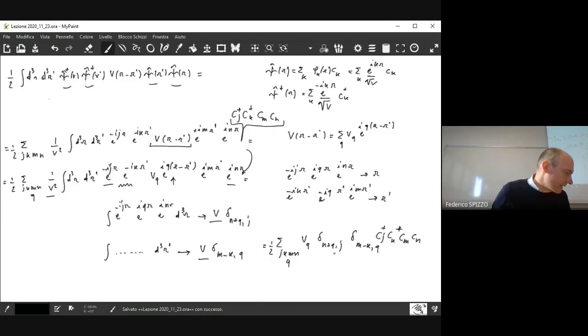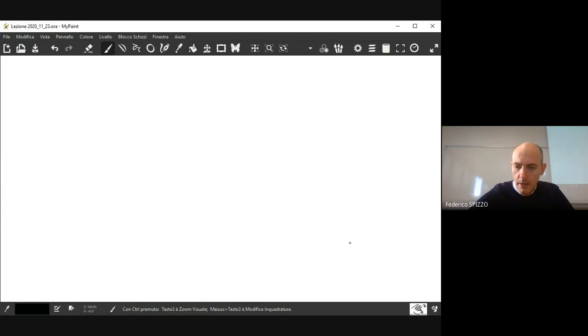Okay, let's see if everything is fine. Okay, just to see what is the effect of the two deltas, I just rewrite everything on the next page. The expectation value is 1/2 summation over q, j, k, m, and n of V of q.